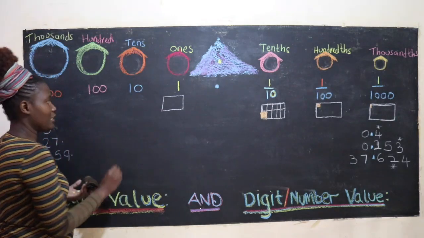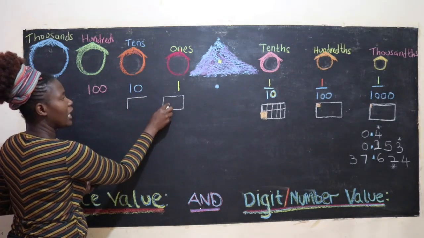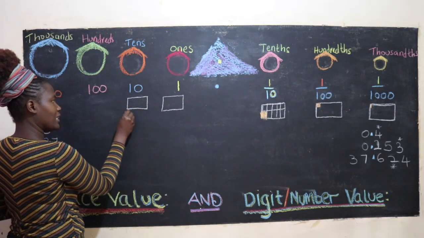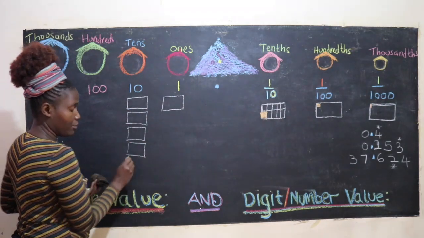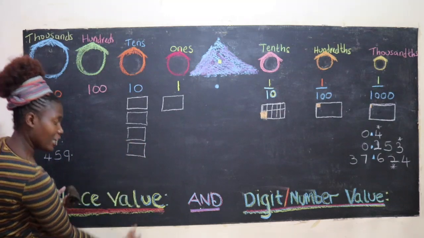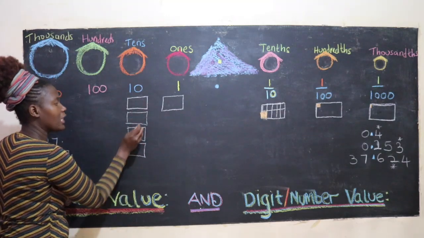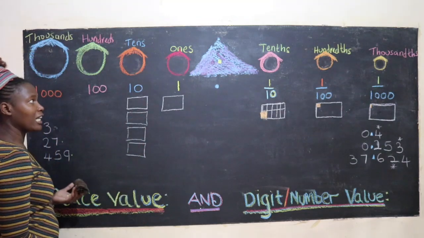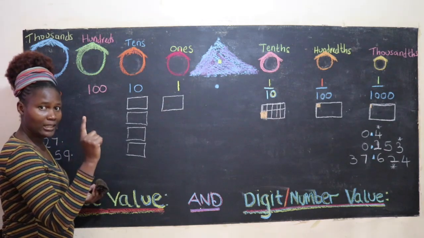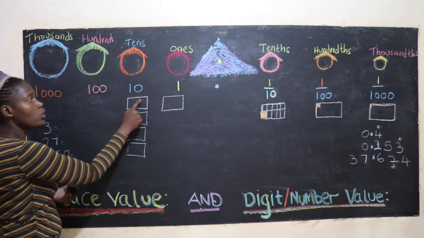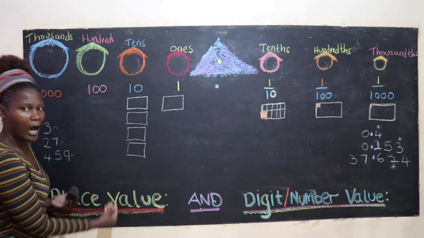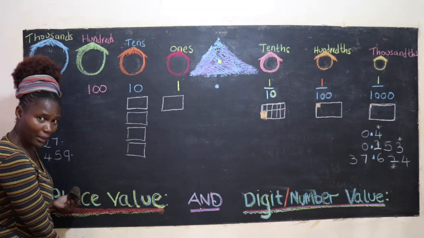We go to the tens, and you can imagine 10 of these will make 10. I'm not going to draw all of them because I don't even have the place to. But if I had all the space, I would make 10 of these, and that would be 10. Then in the home of 100, we would have the same size, 100 of them.